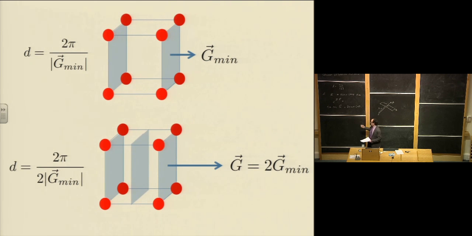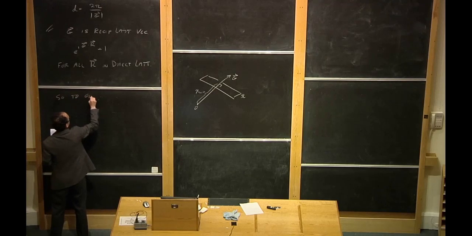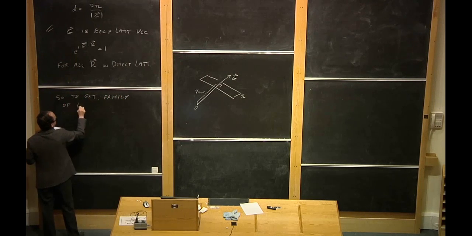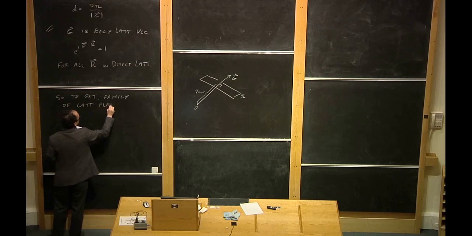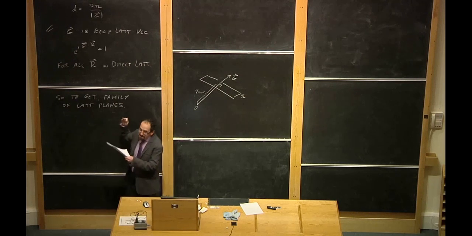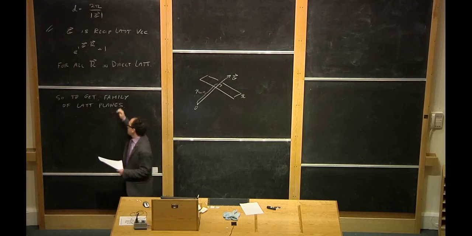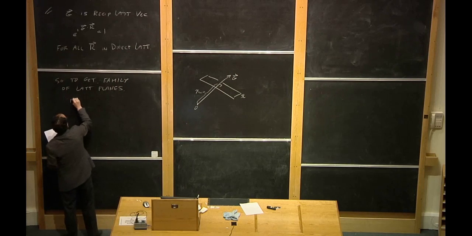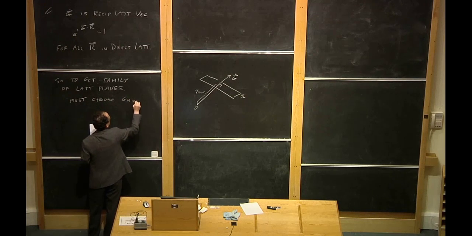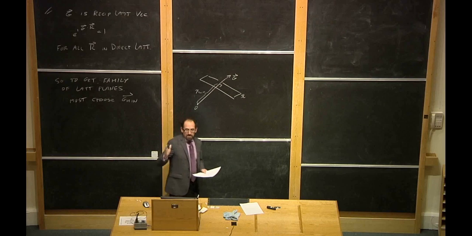So if we want to get a family of lattice planes, and to be a lattice plane, it has to cut through a lattice point. So if we want a set of planes where every plane cuts through a lattice point, we must choose G min, the shortest reciprocal lattice vector in that given direction.